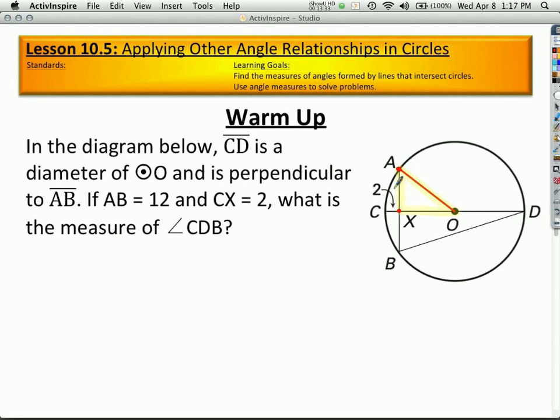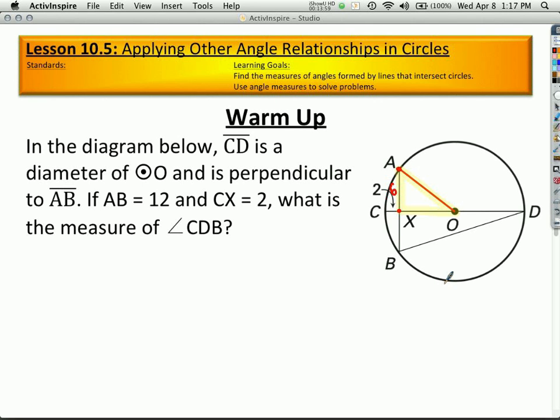Can you prove it, though? Why is it 6? Go ahead. Because the total distance from A to B is 12, and since this is a chord, and the other one's a diameter and a perpendicular, it cuts it right in half.